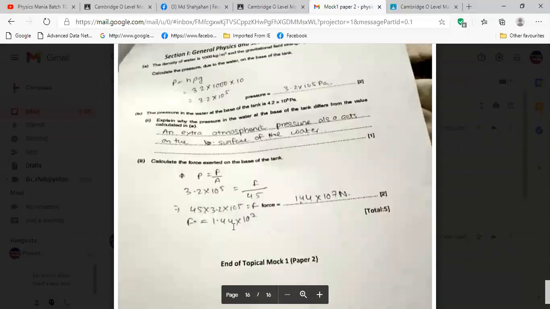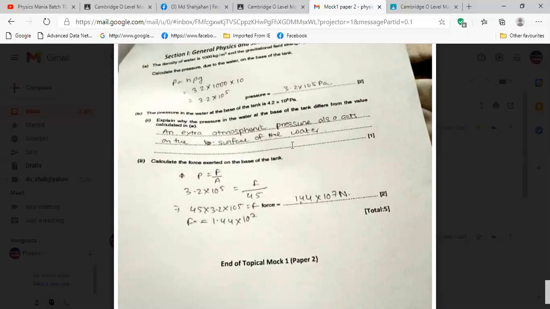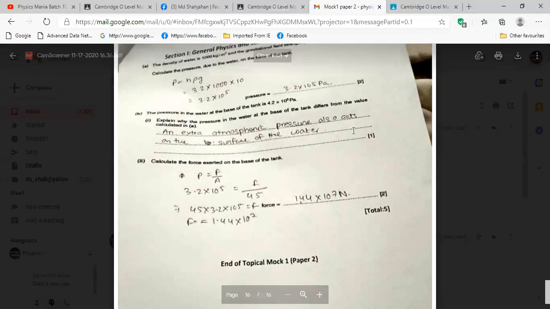Okay, then here you go. Last question, right? Yes, sir. Atmospheric pressure also works here.